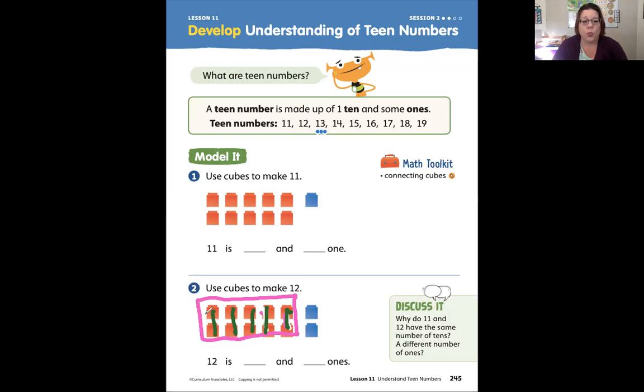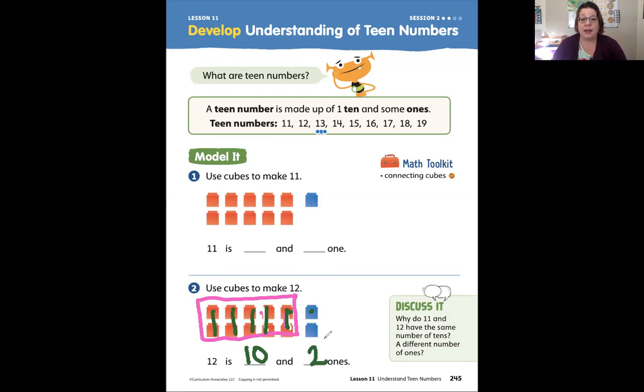So where it says use cubes to make 12, that shows that 12 is 10 and how many ones? Do I need to count them? No, I should know how many are there. 2, right? So 12 is 10 and 2.